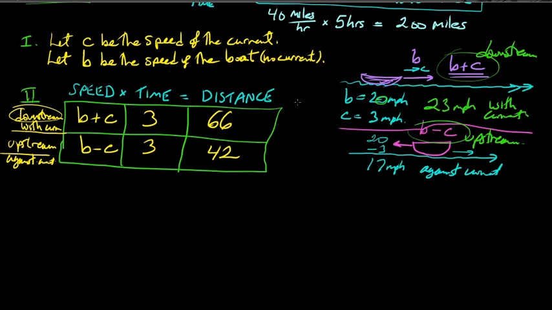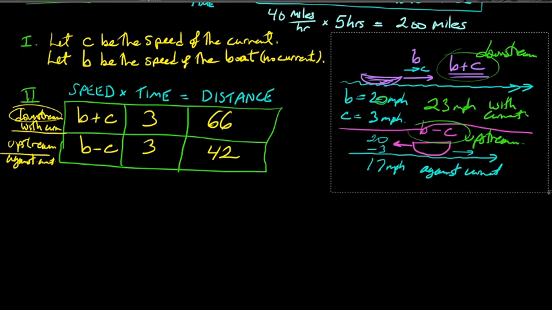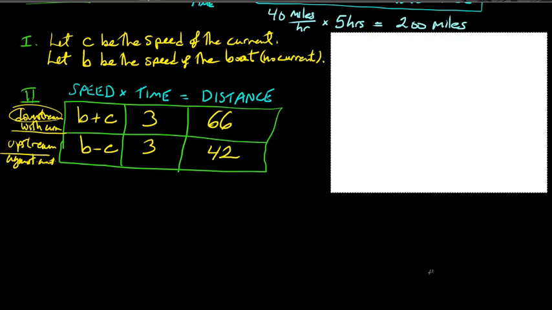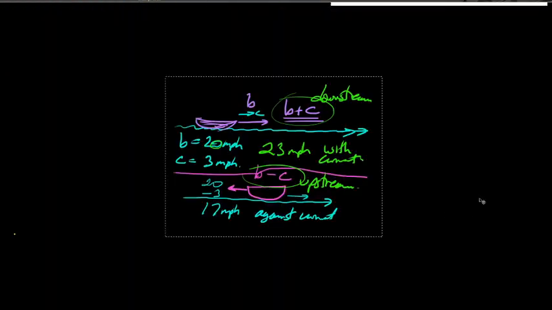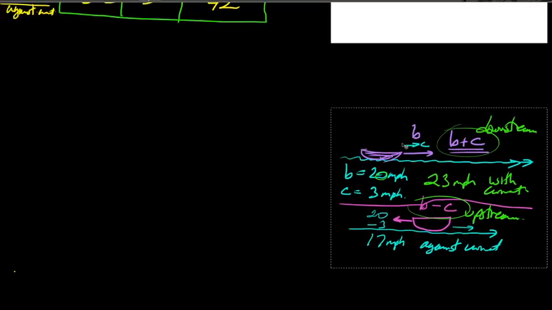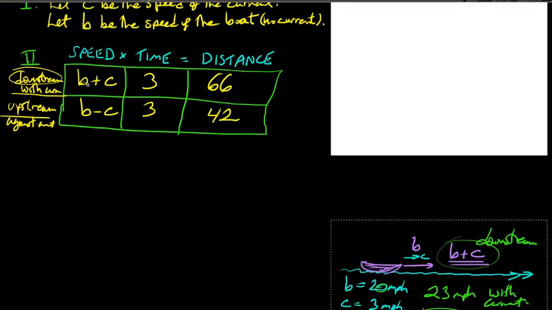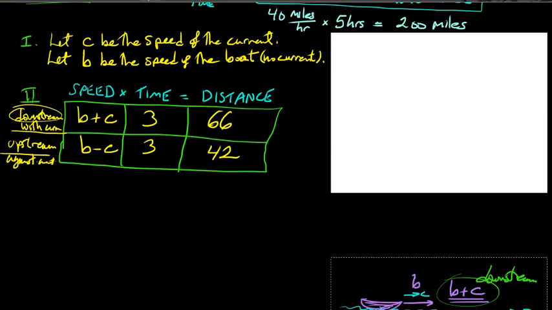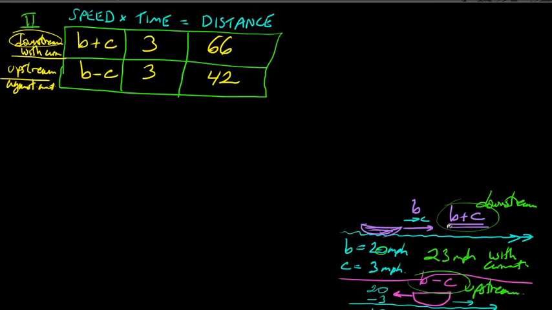And now we just need the equations. To get the equations, I'm going to have to move this over. I just used that as my scrap work to get the b plus c and the b minus c, but just in case, I'm going to leave it there for now.